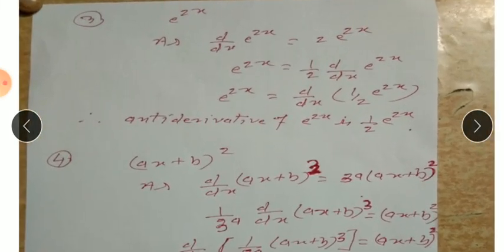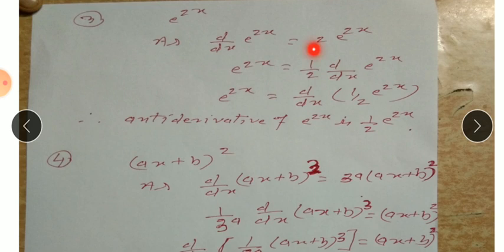Now refer next one. Again we have to find the integration of e raised to 2x by the method of inspection. What is this? E raised to 2x, that is, the integration of e raised to 2x. As d dx of e raised to 2x, that is, the differentiation of e raised to 2x, is equal to 2 e raised to 2x.